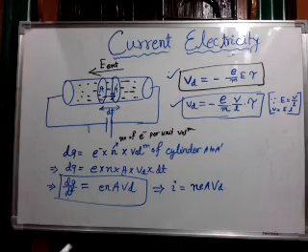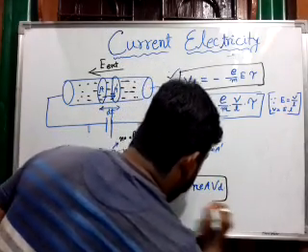This is the relation between current and drift velocity.